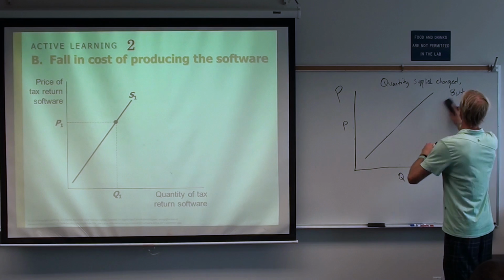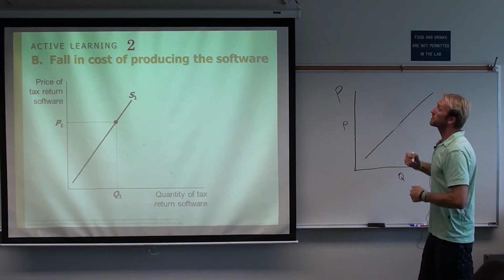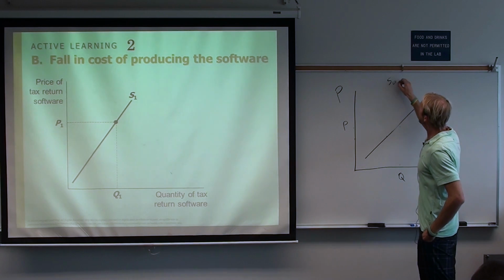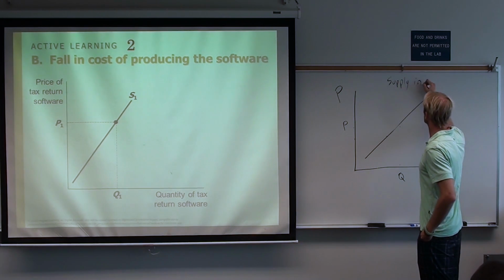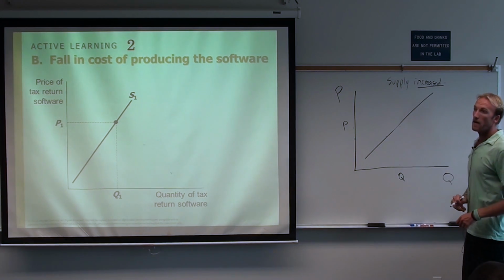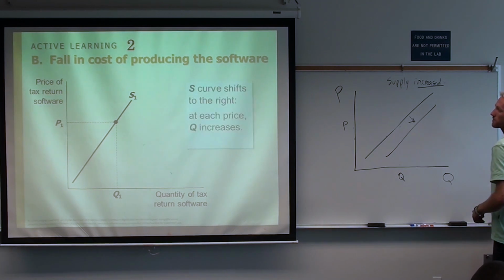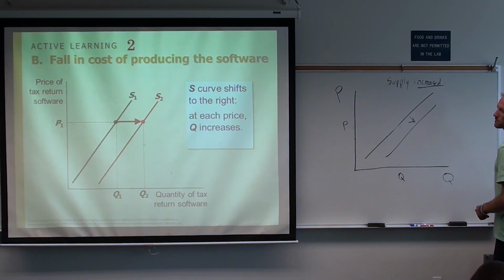Now for this instance, this is the fall in the cost of producing the software. Supply increased. Supply definitely increased. And we represent that with a movement to the right of our supply curve.